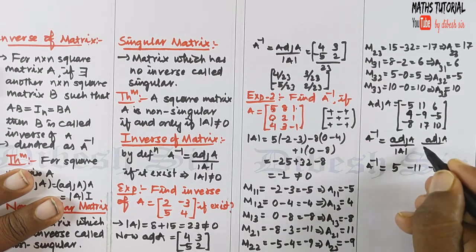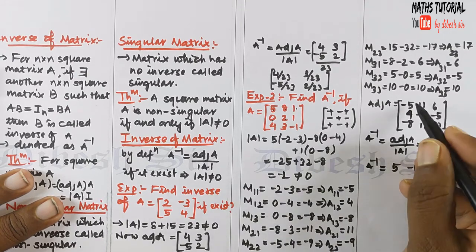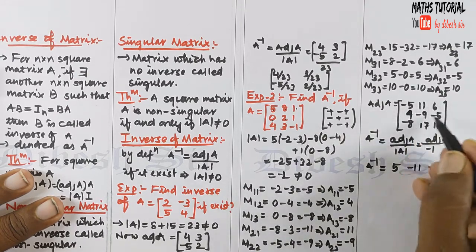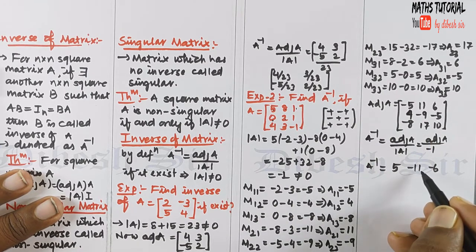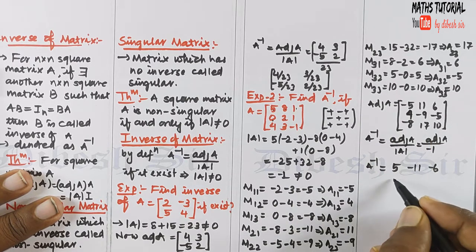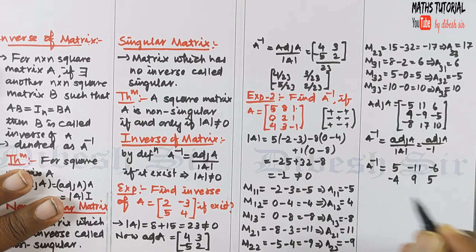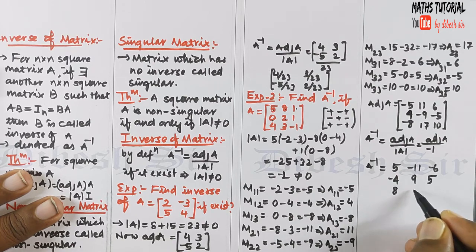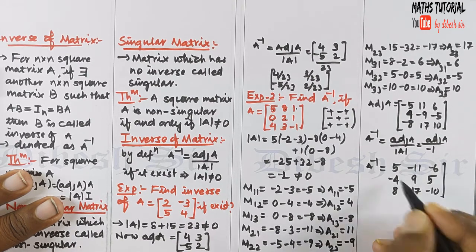Adjoint A divided by minus 1 means all the signs of entries are reversed. So A inverse is [5 -11 -6; -4 9 5; 8 -17 -10]. This is our A inverse.